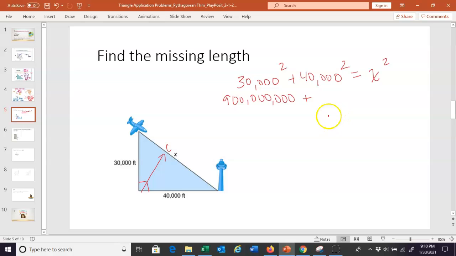Whatever you guys want to do. I'm going to leave those out. That's a lot of zeros. Mm, 2.5 billion, I think. All right, and then we'll take the square root of both sides.